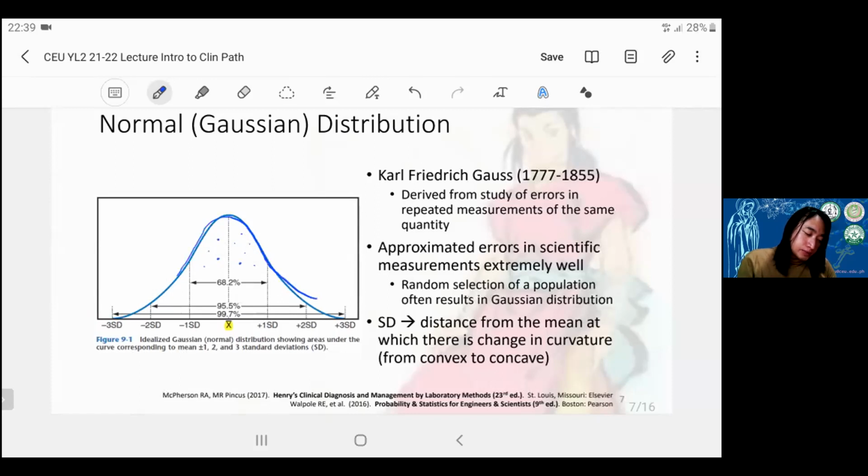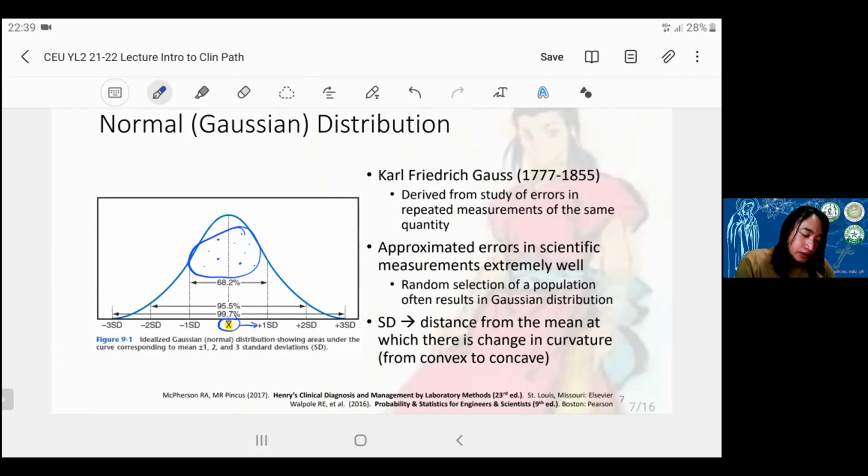And they were also able to determine that in each distance from the mean value of these data points, there is a standard deviation. So standard deviation is basically the distance from the mean where there is a change in the curvature.